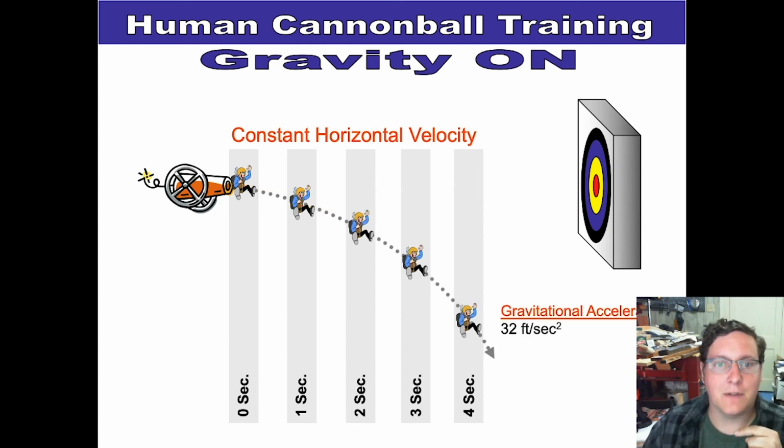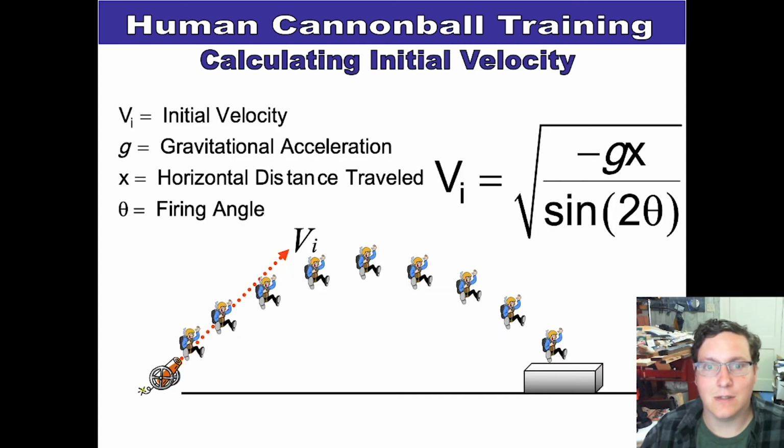So what actually happens is, even though your horizontal velocity is going to stay the same, that 128 feet per second to the right, at 1 second you're also going down 32 feet per second. And at 2 seconds, you're still going 128 feet per second to the right, but you're now going 64 feet per second down. And that continues until other forces are going to slow you down. Friction, resistance, things like that.